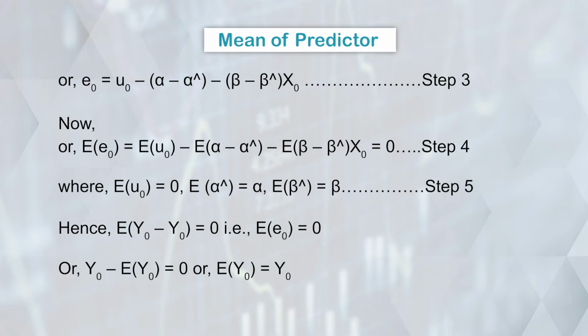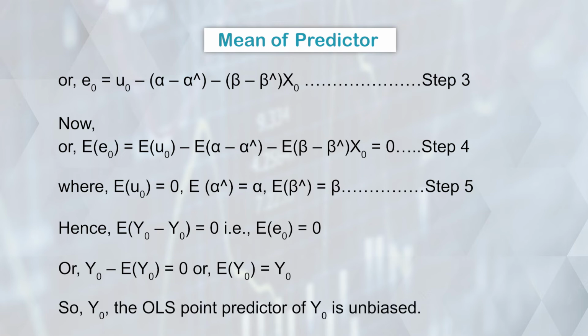So by rearranging the terms, we get our final result, which says that y0 hat is an unbiased estimator of y0. Whenever we consider y0 hat as the predicted value of y0, any OLS property regarding unbiasedness is easily solved in this manner.